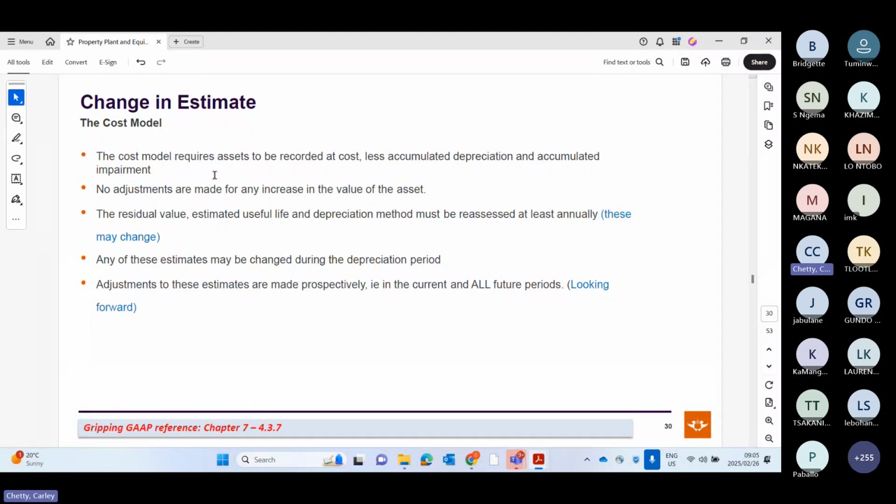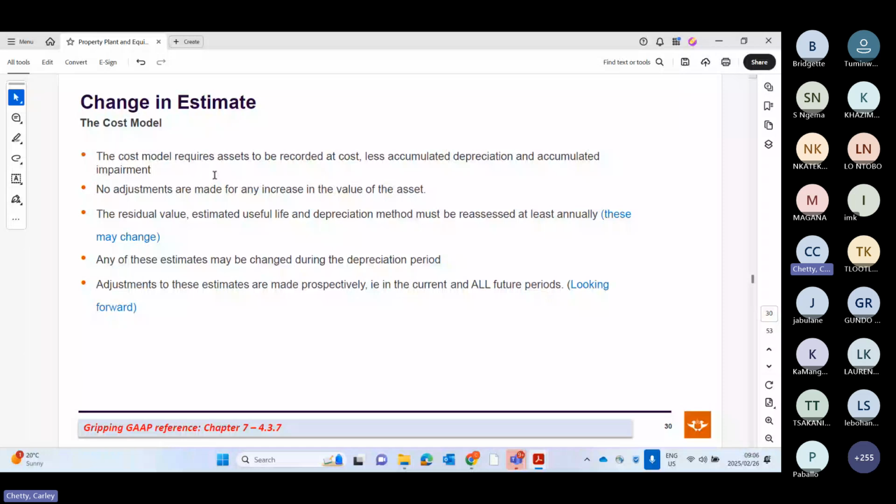But the residual value, the estimated useful life, and the depreciation method must be reassessed at least annually. These may change. These are estimates. So as time goes on, these estimates may change because more information becomes available. Any of these estimates may be changed during the depreciation period.